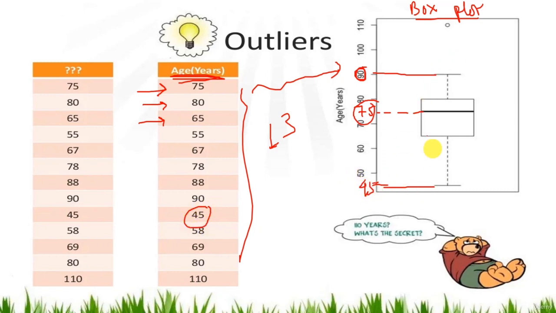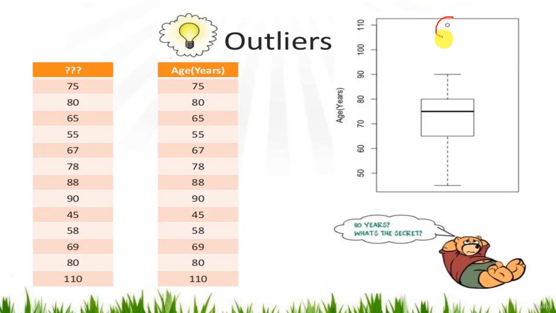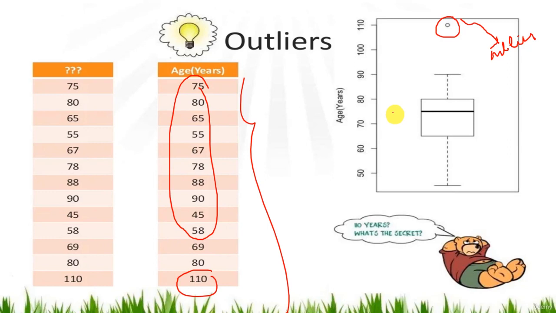Along with this box plot, you can see right at the top there is a dot in our data. See here, this dot. This dot is your outlier, and in our case the outlier is 110. We collected 13 people's information and most of their ages are near 75, but one person's age is away from this distribution.